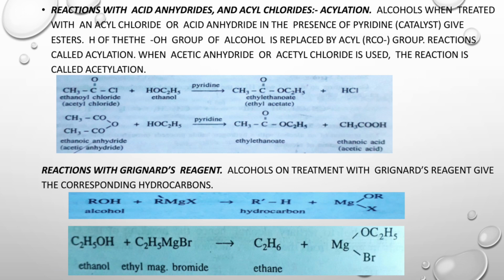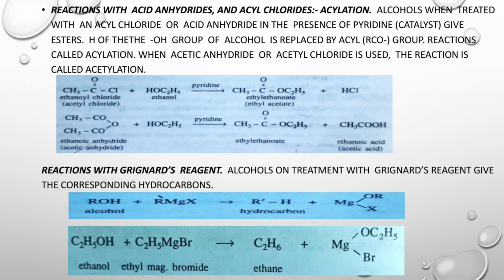Here the reactions take place in presence of pyridine, and if acetic anhydride or acetyl chloride is present, then the reaction is called acetylation.